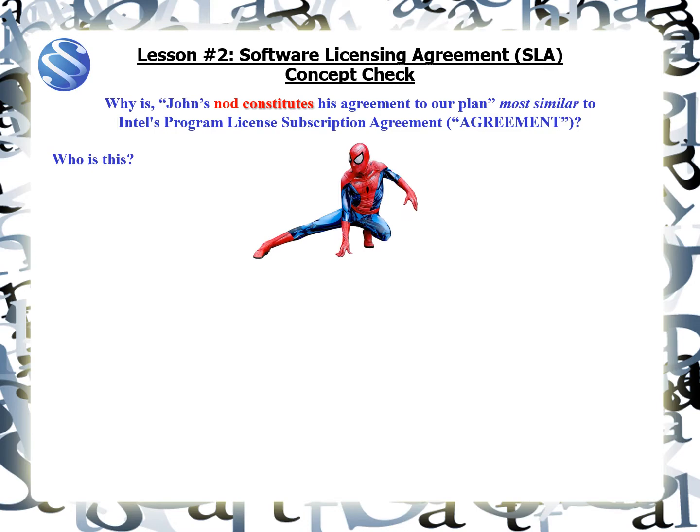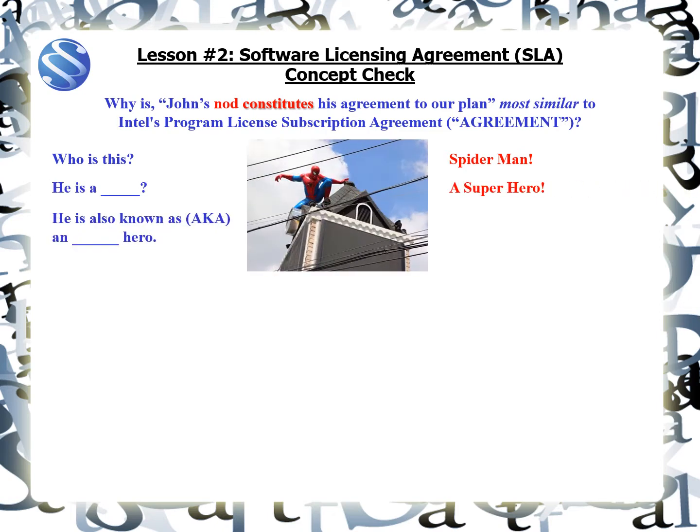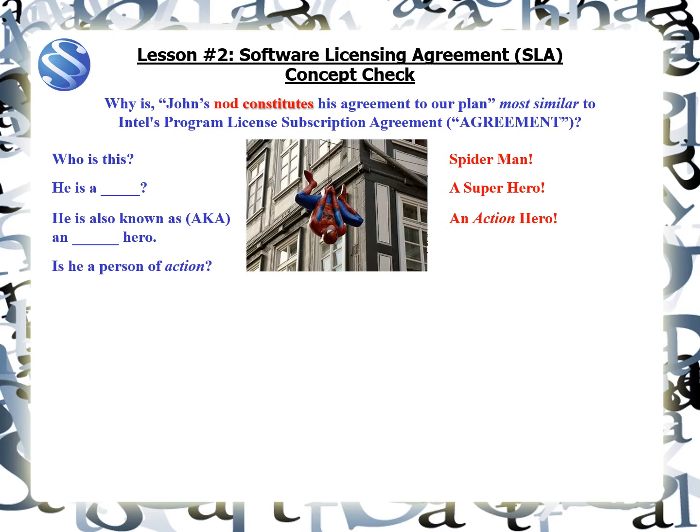Who is this? Spider-Man. He is a superhero. He is also known as an action hero. Is he a person of action? Yes, he is a person of action. What action does John take that constitutes an agreement?